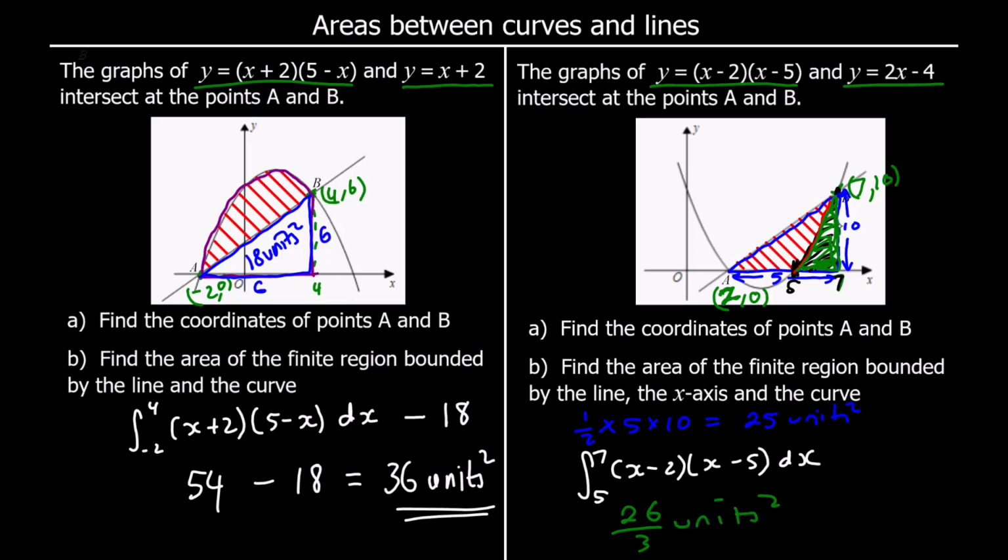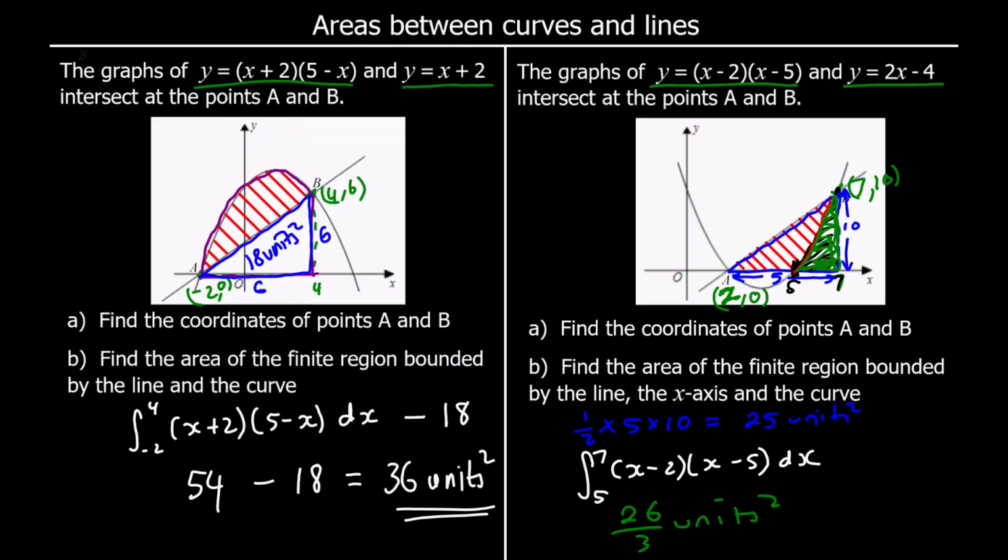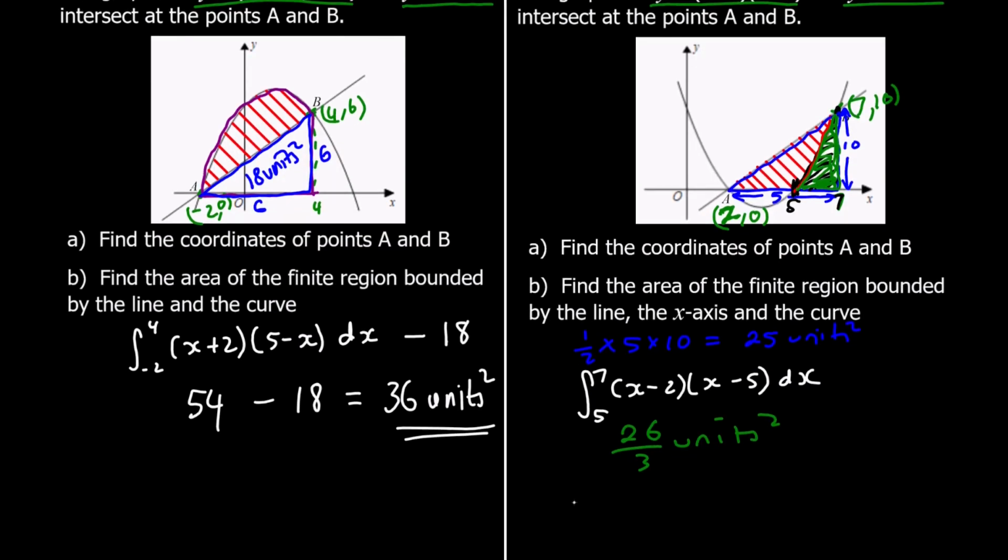That's that green section. If we do 25, take away that, 25 take away that one, is 49 over 3. So our red section, 25 minus 26 over 3, is 49 over 3 units squared.